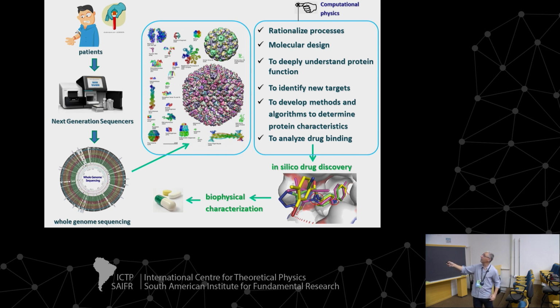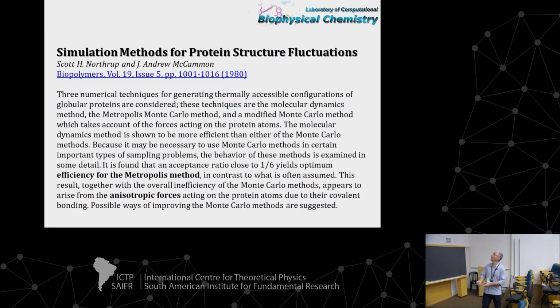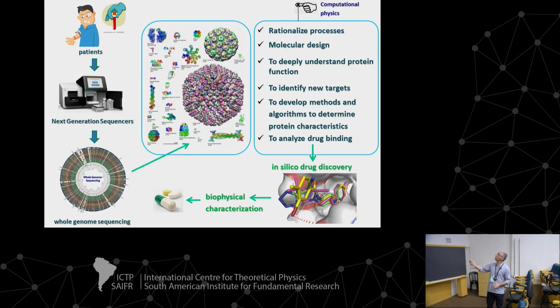There are lots of computational, biophysical and biochemical things here, but using computational physics, you can do the practical, pragmatic part of this. That's from a rationalized process to design or redesign new applications for the proteins that you get from here.